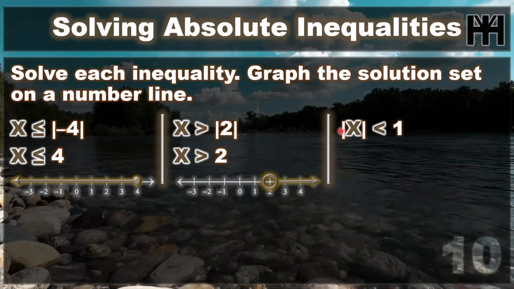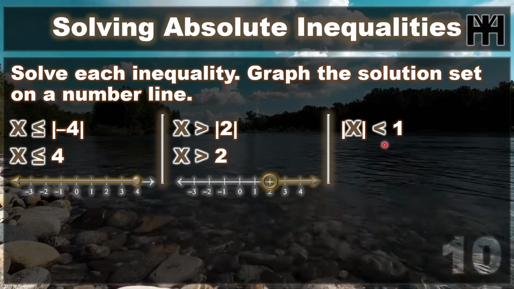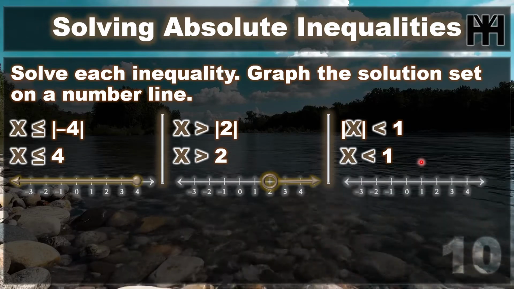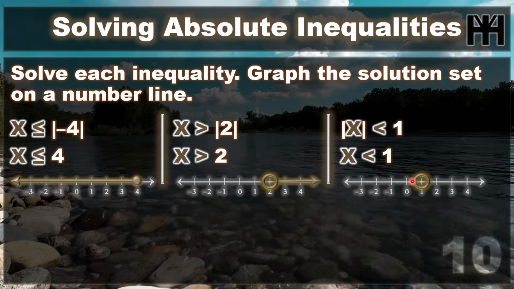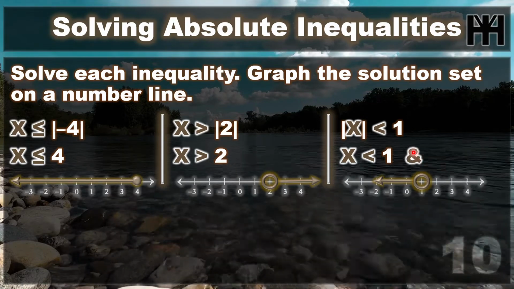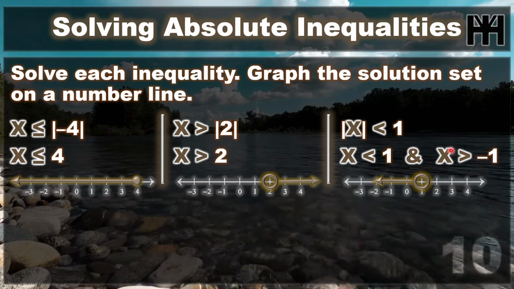Okay, now the absolute value of x is smaller than 1. Okay, now we have two choices. Whether it is x smaller than 1, okay, here we'll go to the left, and, let's say, here it's x greater than negative 1.